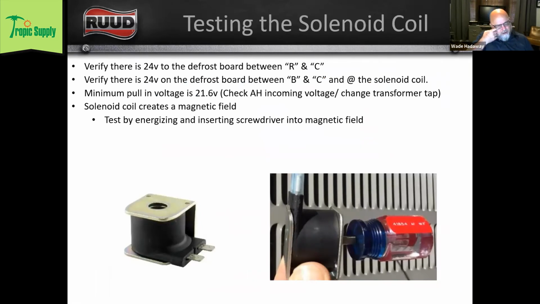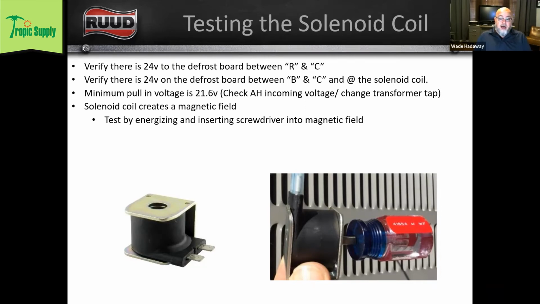If you think that the valve's not shifting, there's a couple of things that could be causing that. You could have no 24 volts going to your solenoid. You could have a solenoid that's open. So first you want to verify that there's 24 volts going to the defrost board, right? So if we're not getting 24 volts to the defrost board between your R and C, or your red and your common, it's not going to work.